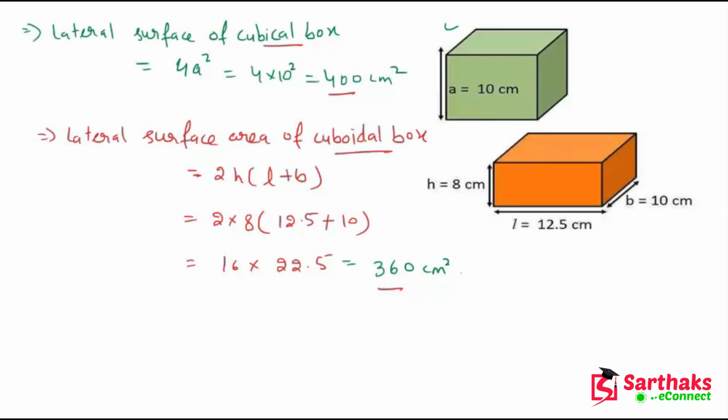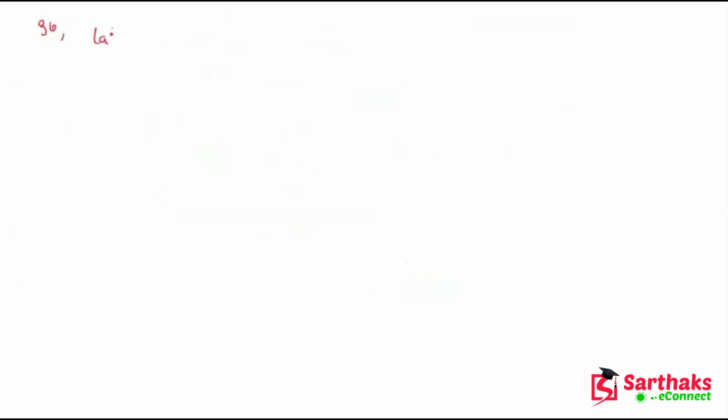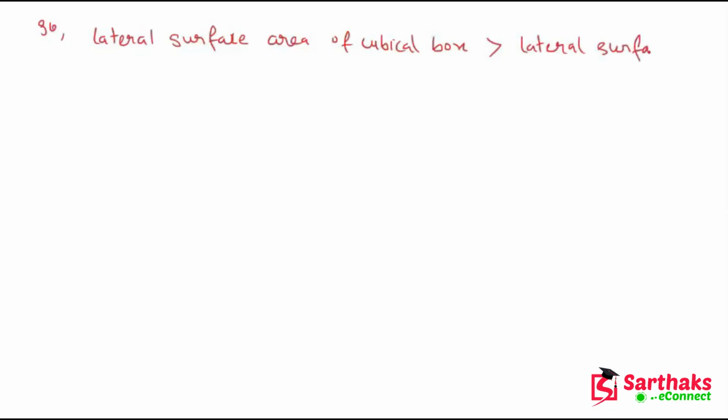So here we can write, the lateral surface area of the cubical box is greater than the lateral surface area of the cuboidal box. And how much greater? This will be 400 minus 360. After solving this we get 40 centimeter square.